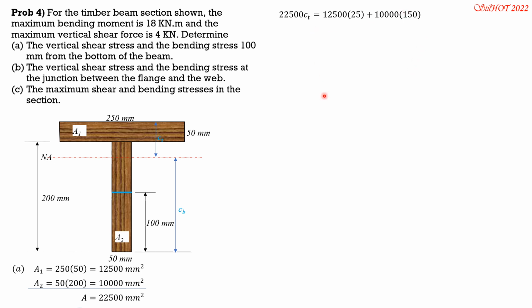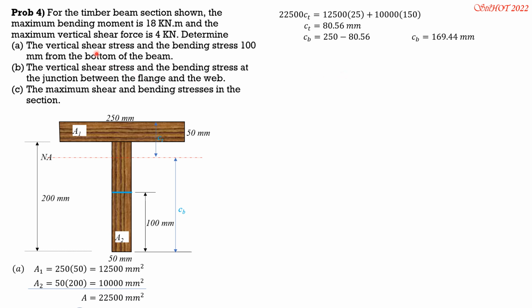So from there we can solve C sub t equal to 80.56 mm. Therefore C sub b is 200 plus 50 minus C sub t, so C sub b is 250 minus 80.56, so it is 169.44 mm.